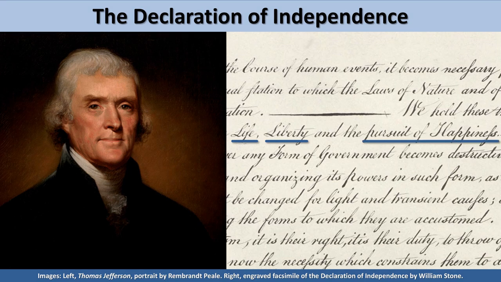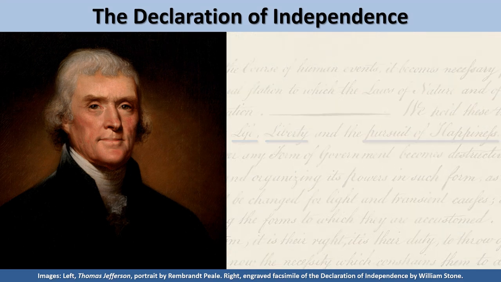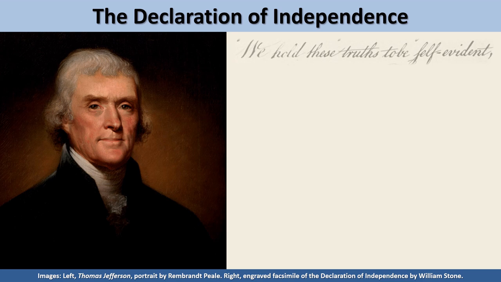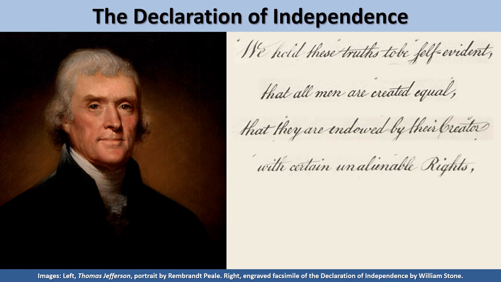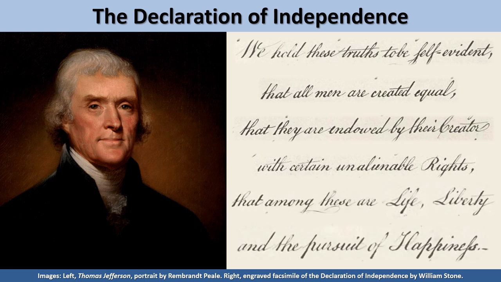The Declaration of Independence by Thomas Jefferson reads in part, "We hold these truths to be self-evident, that all men are created equal, that they are endowed by their Creator with certain unalienable rights, that among these are life, liberty, and the pursuit of happiness."